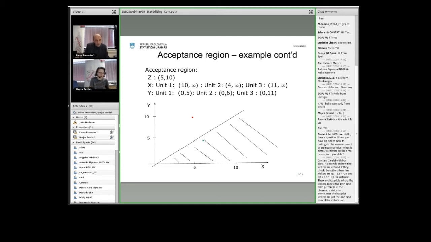The second one is okay because it falls inside the region. The third one is in fact at the border, but if we go back and see that X should be strictly larger than Y, then it's still a suspicious value. But it's a nice graphical presentation so you can understand what acceptance region in fact means. Okay.